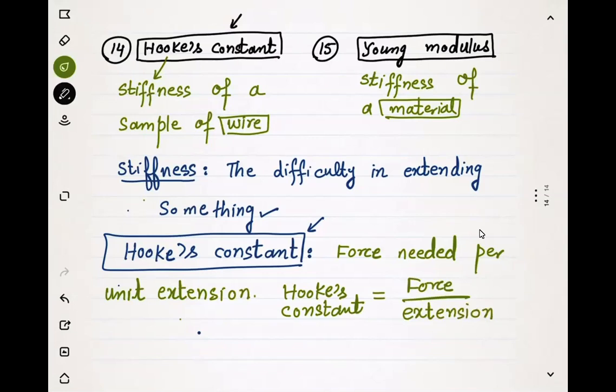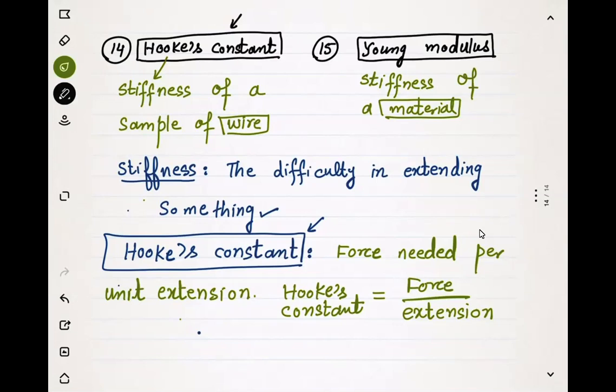How much force you need to extend something by 1 meter. For example, if a wire has a Hooke's constant of 100, it means that 100 Newton of force is needed to extend the wire by 1 meter. And if Hooke's constant of an object is 1 million, it means that 1 million Newton of force is needed to extend this object by 1 meter.